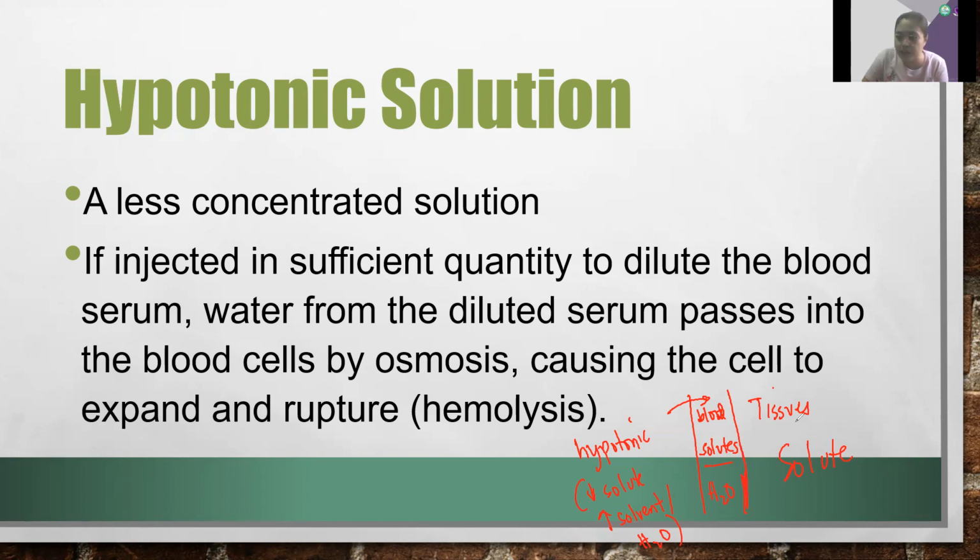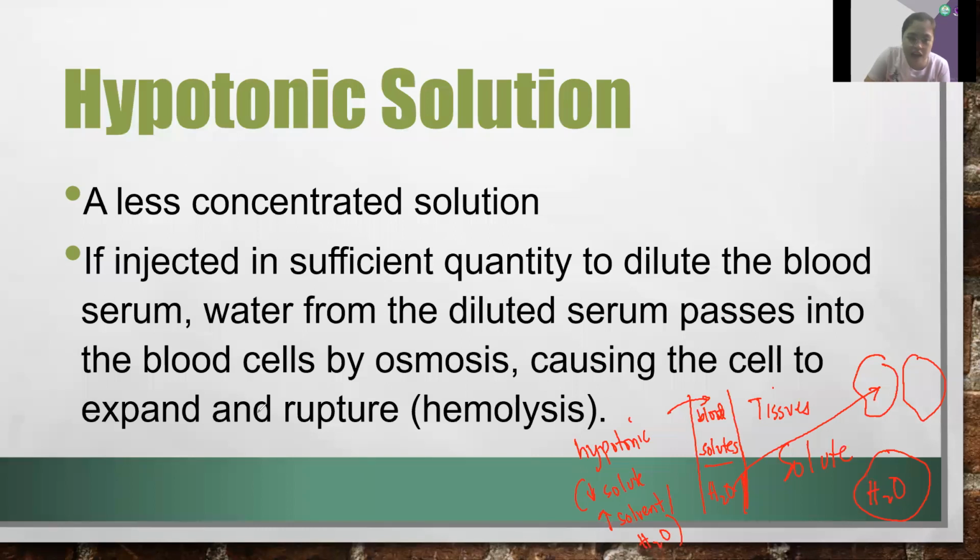Where will it go? To the tissues, of course. When you say tissues, they are made up of a lot of cells. So the water goes here, class. For example, into this cell. The water enters because there is now more solute than in the blood.